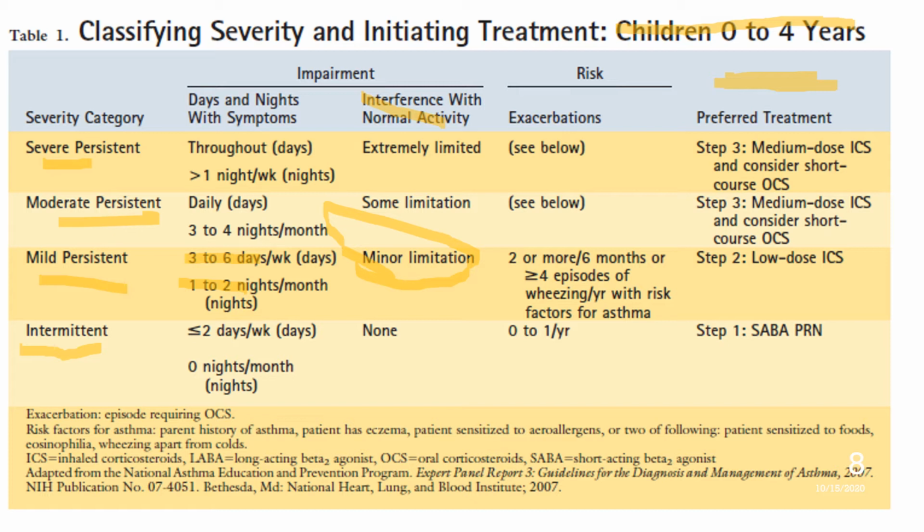So based upon your severity level, your symptoms, whether it interferes with your normal activity, and also your risk, this is your treatment plan. This is how you classify asthma, and this is how you initiate treatment plans. This particular graph we're looking at is for children 0 to 4 years old, and I'm going to show you another graph in a second.